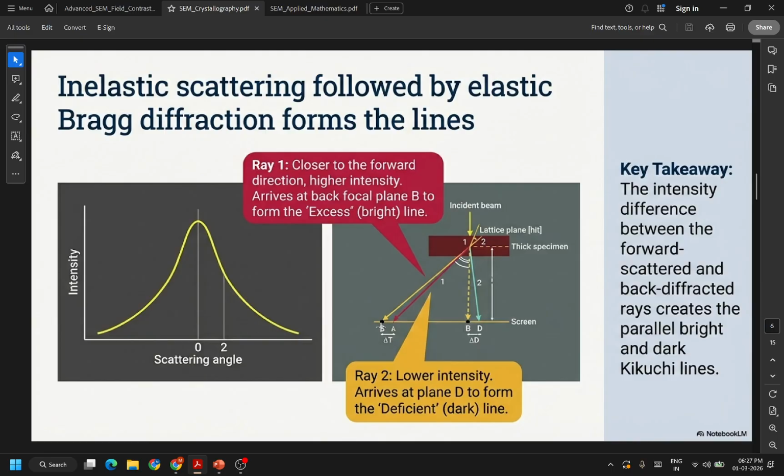They are produced by inelastic scattering, which is followed by elastic Bragg diffraction, which forms these lines. First inelastic scattering happens, and then the electrons move through the lattice and get diffracted. If the diffraction is closer to the forward direction, then it results in higher intensity.